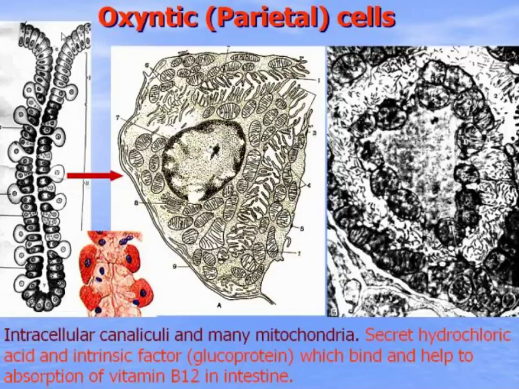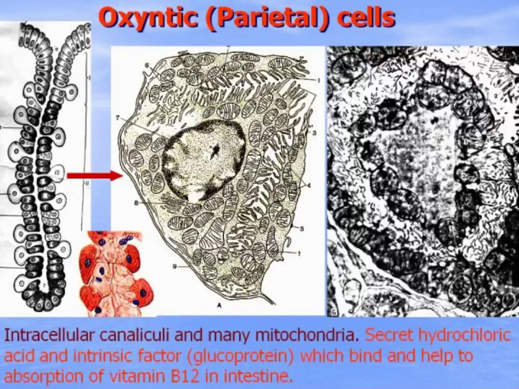There, from protons and chloride ions, hydrochloric acid is produced, which provides the acid medium necessary for activation of pepsinogen into pepsin for digestion of proteins.